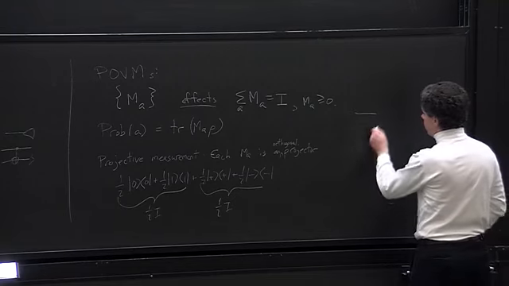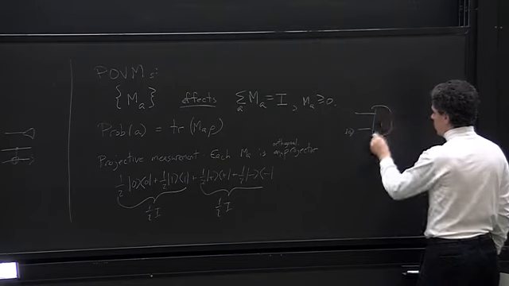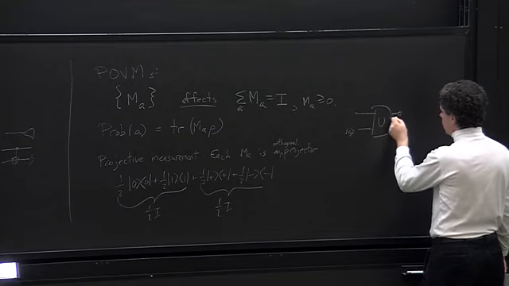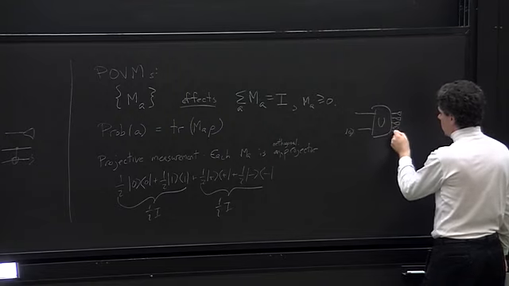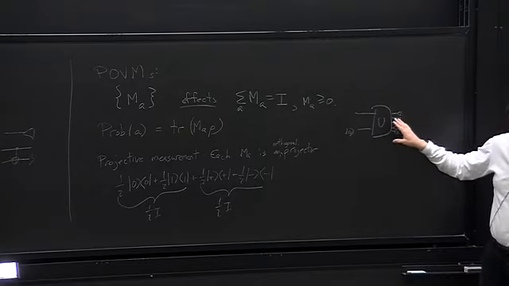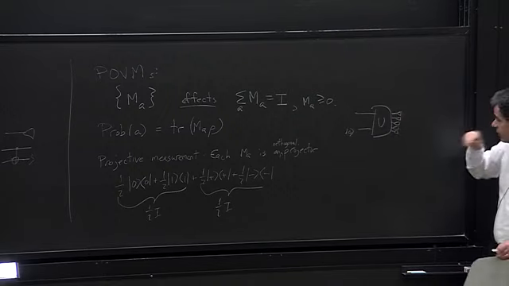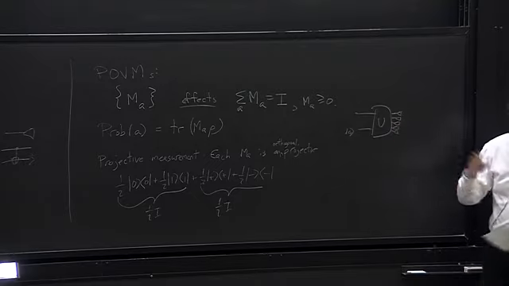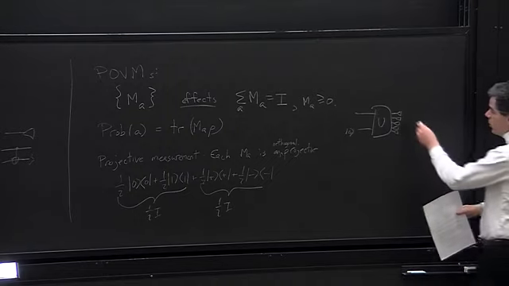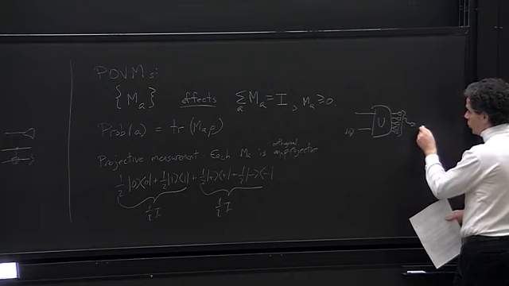So you can think of it, for instance, like this, where we again do a unitary, and then we do some projective measurement here. Now, this particular representation of it would be a complete measurement, where you have full information about the outcome. But the POVM doesn't do that. It might, again, lump together various outcomes. So there might be some classical post-processing.